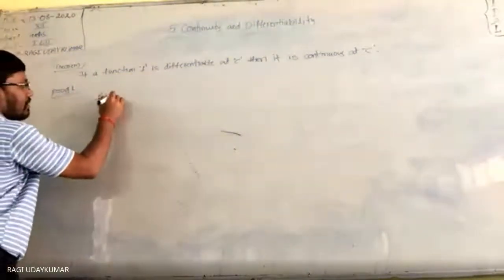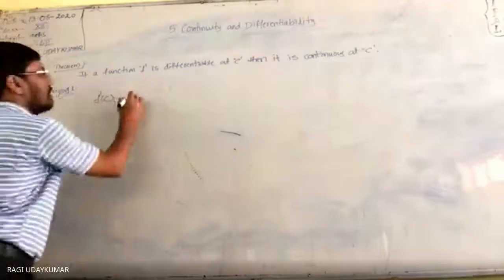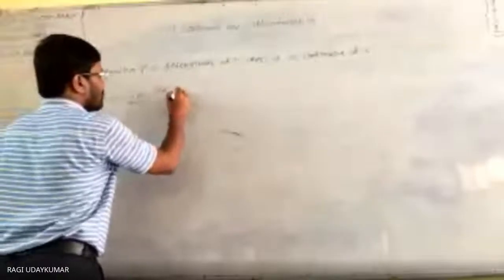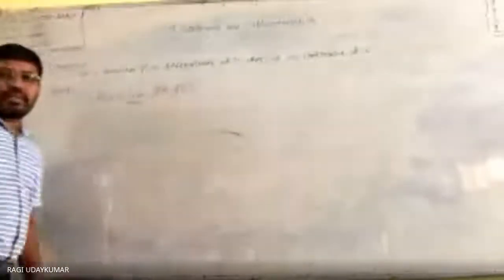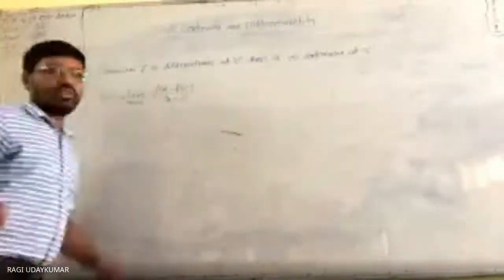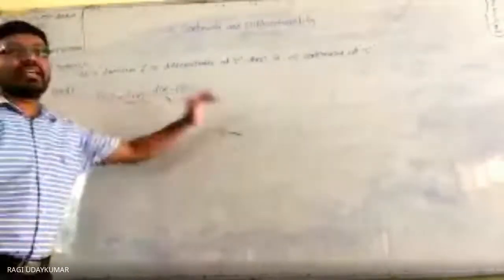Differentiable at c is nothing but f dash of c equals the limit as x tends to c of f of x minus f of c, divided by x minus c. This will give you the differentiability of the function.